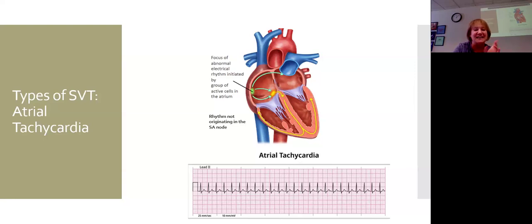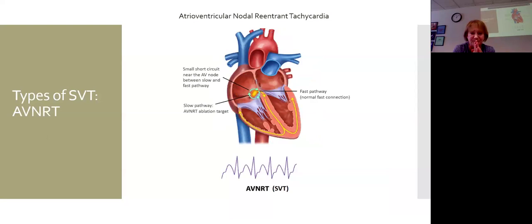Okay, so that's atrial tachycardia. There are other types of SVT. There's one called AVNRT, atrioventricular nodal reentry tachycardia. This is probably one of the more common SVTs. I'm going to show you an animation, because I think the animation really explains it much better than these still photos. There's a small short circuit near the AV node between the slow pathway and a fast pathway where that conduction comes through.